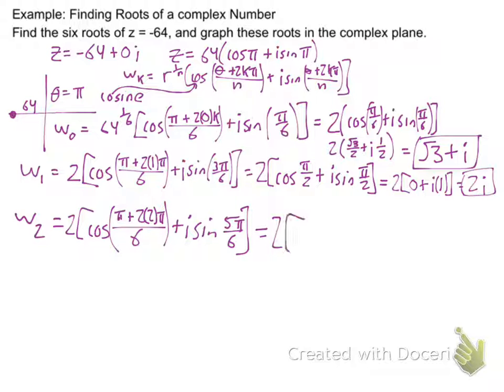So it equals 2 cosine 5 pi over 6 plus i sine 5 pi over 6.